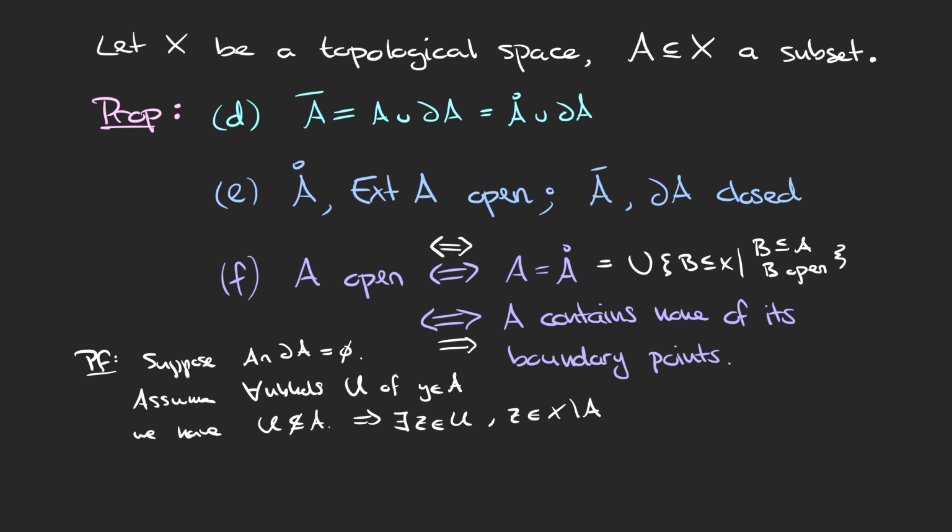But now we also know that Y is a point of A. So each neighborhood of a point Y in A contains both a point in A and a point in the complement.